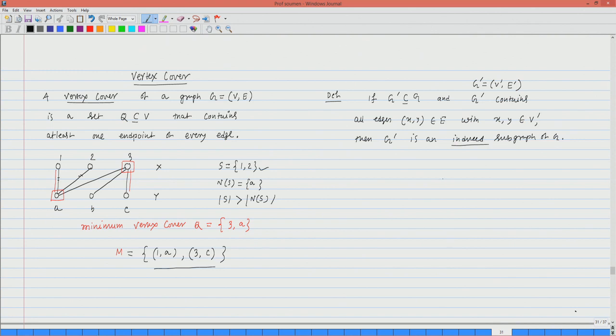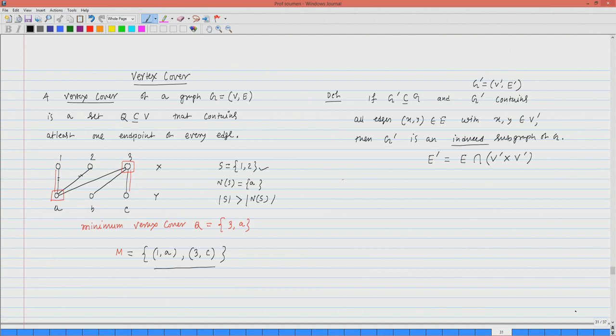This definition actually says that the edge set of G prime is equal to E intersection V prime cross V prime. I think this is also true.